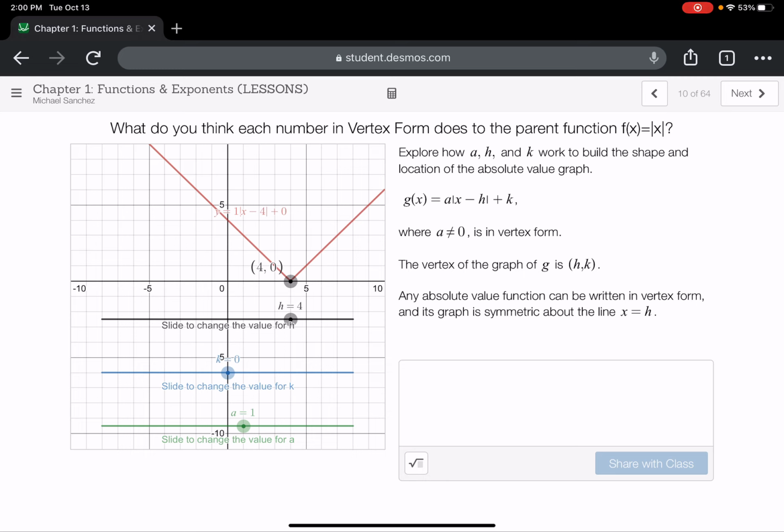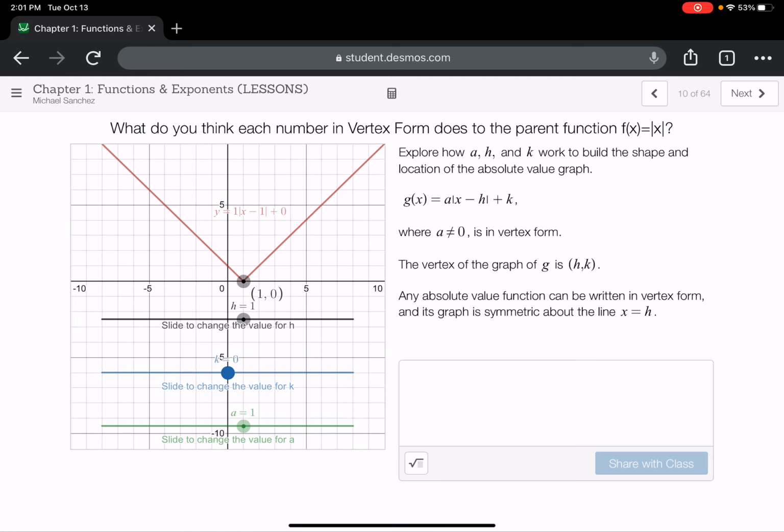And our vertex is (h, k). h represents x, so of course it makes sense that it's going to change left and right because that's our x-axis that goes left and right. Our k value represents the y in the vertex. So obviously it's going to represent our change in location for y, which runs up and down. Okay, so that piece also makes sense.